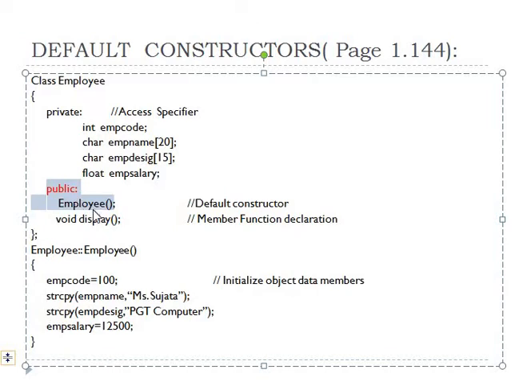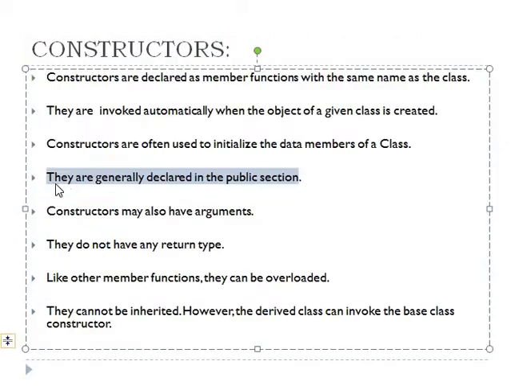Once this constructor gets invoked by the compiler, its body, which has been defined outside of the class using the scope resolution operator, does the initialization by assigning initial values to the data members: EMP code as 100, EMP name as Sujata, EMP desig as PGT computer, and EMP salary as 12,500. And that's the reason constructors are generally declared in the public section.